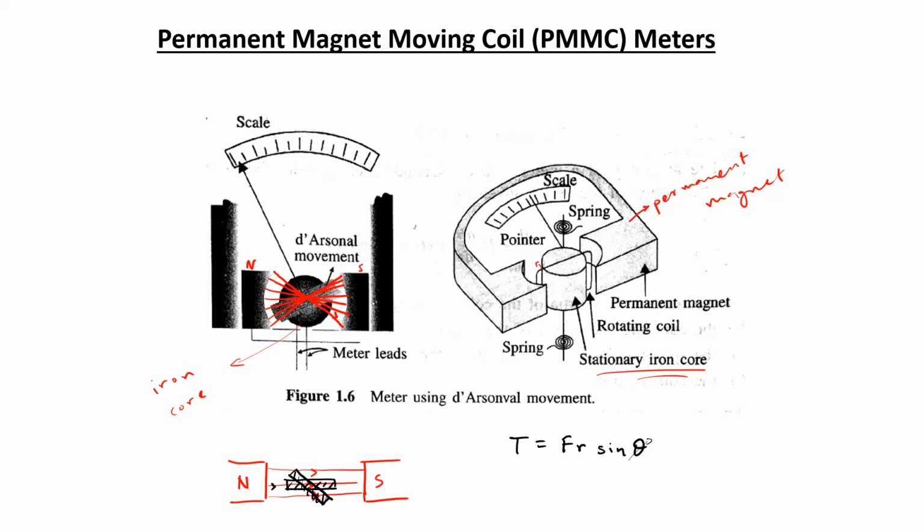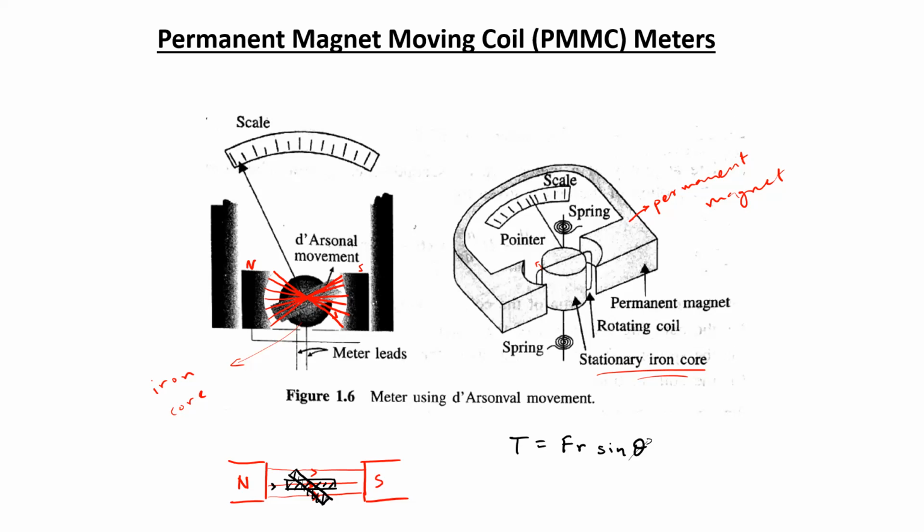So if that can be ensured, then the scale can be calibrated in terms of a uniform scale, where the different markings are placed at uniform distance.